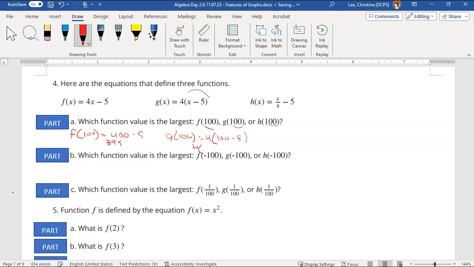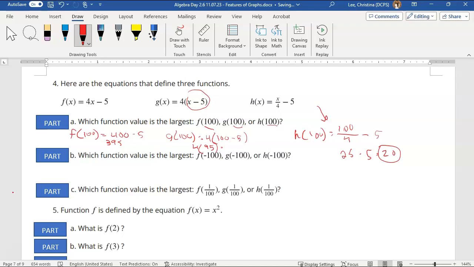We have g of 100, which equals 4 times 100 minus 5. Remember you do the parentheses first, so 4 times 95. And then you're going to do h of 100, which equals 100 over 4 minus 5. I can already tell that this one's going to be the smallest one because 100 divided by 4 is 25 minus 5 equals 20.